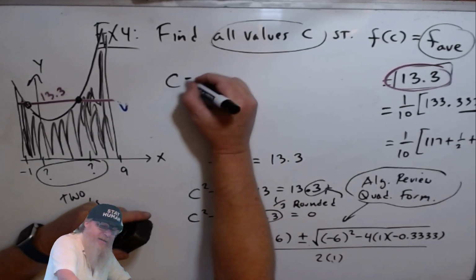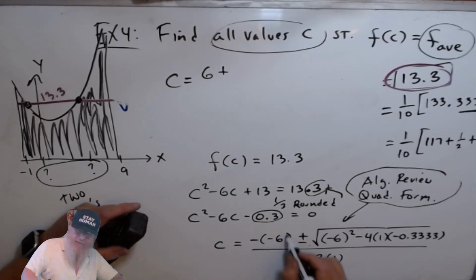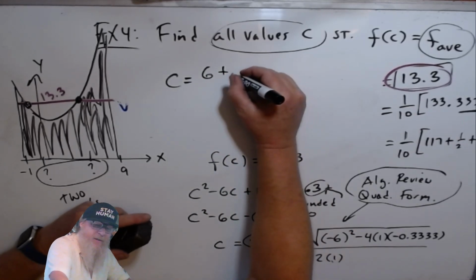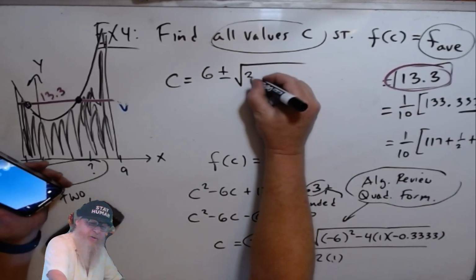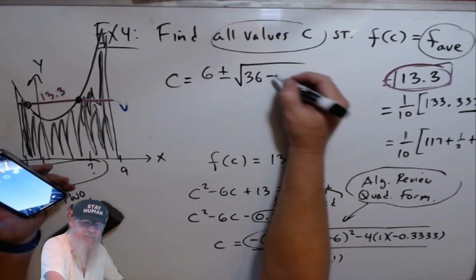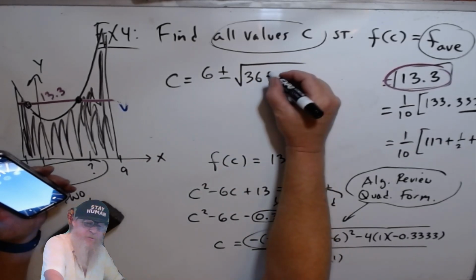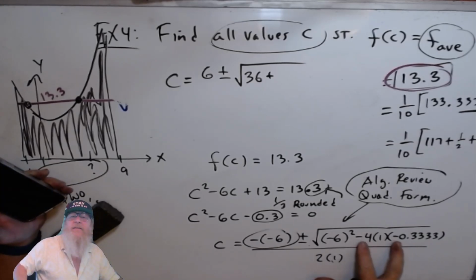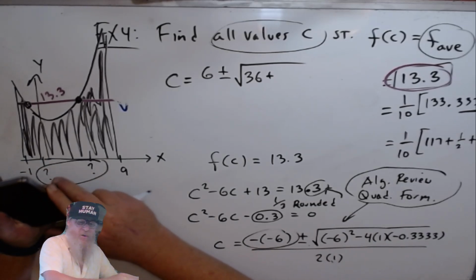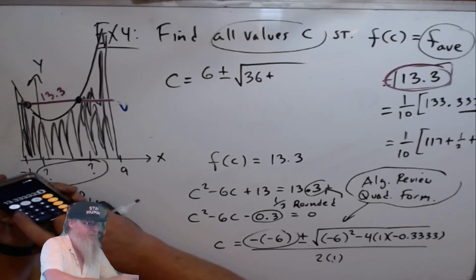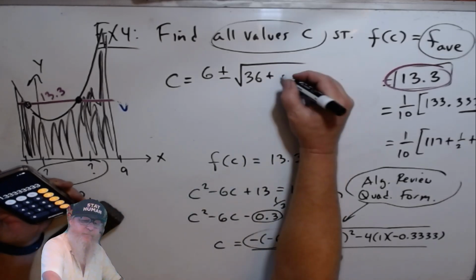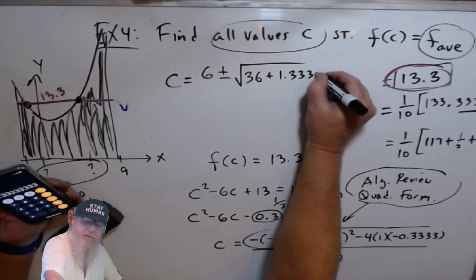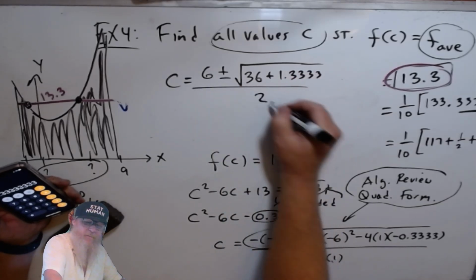I got C equals 6. Negative negative 6 is 6, plus or minus the square root of 36 minus, which will be plus, 4/3. 1.33333333 all over 2.